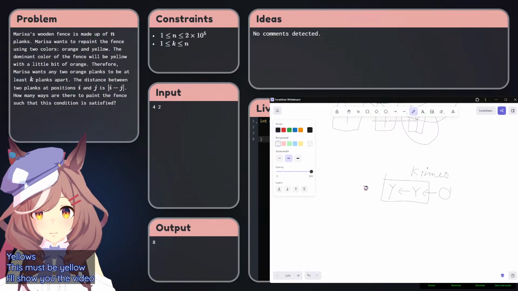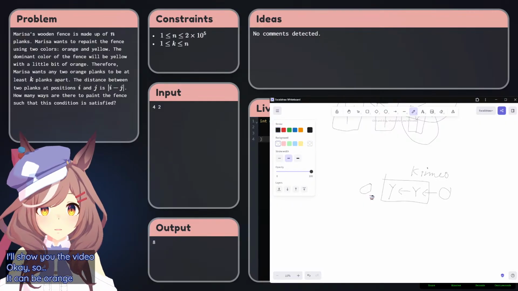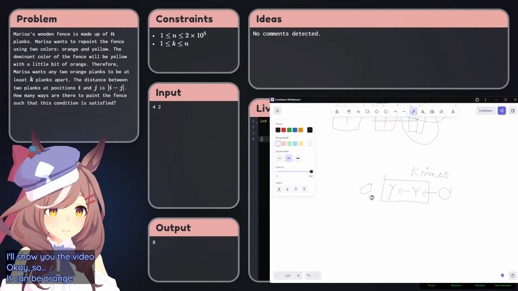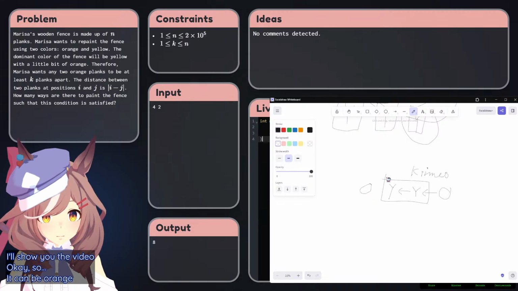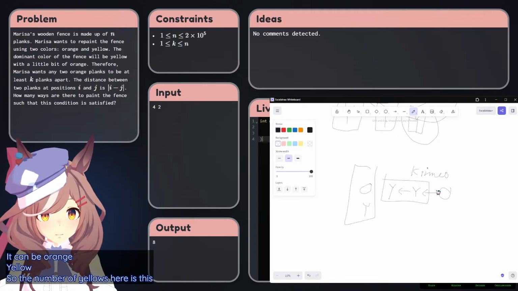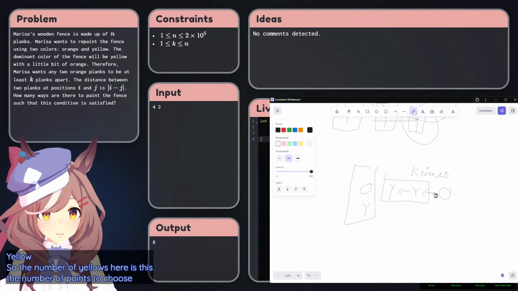So here it can be orange, or it can be yellow. So the number of yellows here is the number of ways to choose orange up to this part and yellows up to this part.